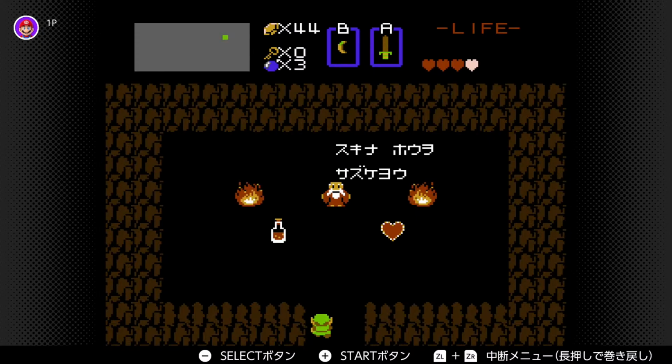actually a cave with an old man who says, Tsukina ho o sasuke yo. Again, sasuke yo, let's grant you. You is implicit.